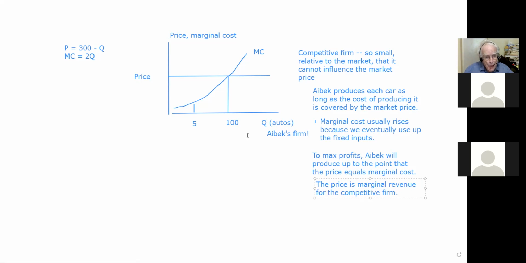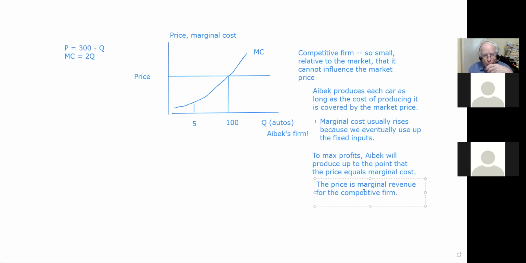Each time that he sells a car, he receives a price of 1 million pennies. So the price is also his marginal revenue, the amount of money that he takes in for each additional car.